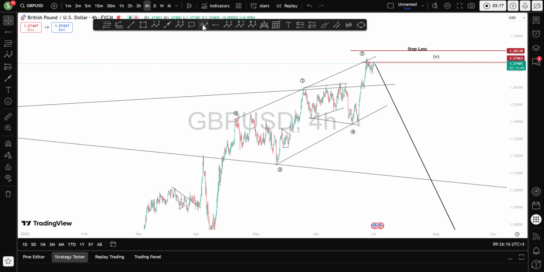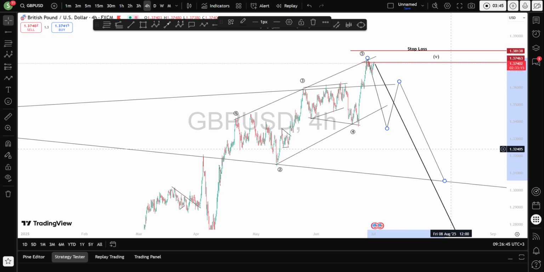For conservative, the market will sell, break this trend line, come back to retest, then go down. This is the time the market will go down, come back, then go down.